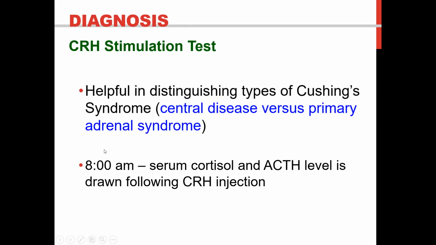For the CRH stimulation test, this is helpful in distinguishing types of Cushing syndrome, the central disease versus primary adrenal syndrome. At 8 a.m., we get the serum cortisol and ACTH level, following the giving of CRH.